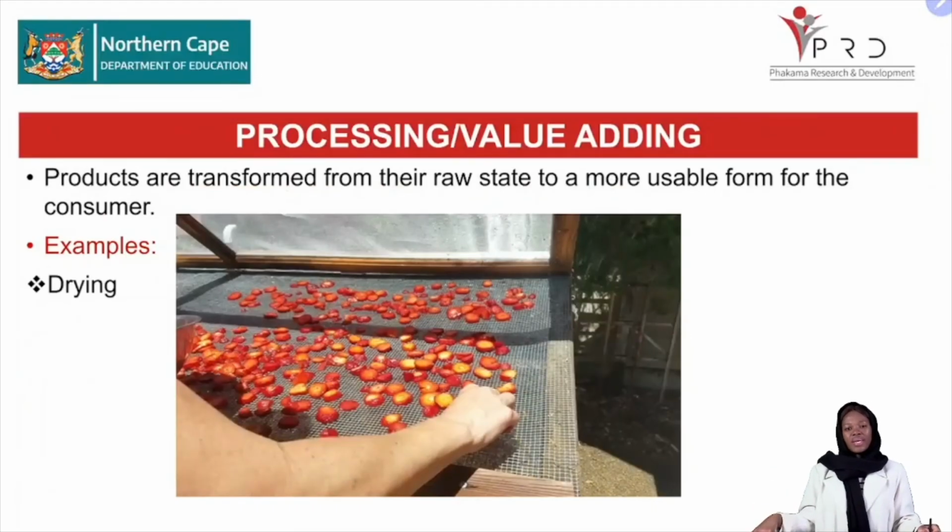Another example of processing, we can name drying, where we take our fruits and exclude water, or we dry them, right? And that is drying, as shown in the picture below.